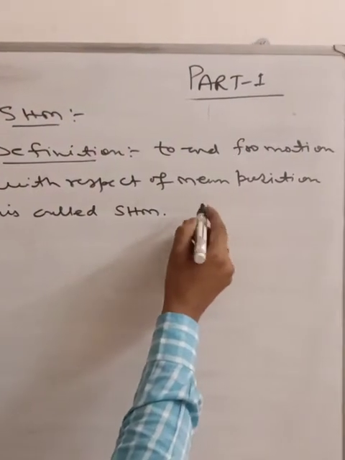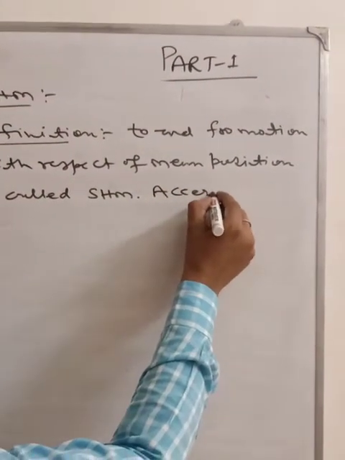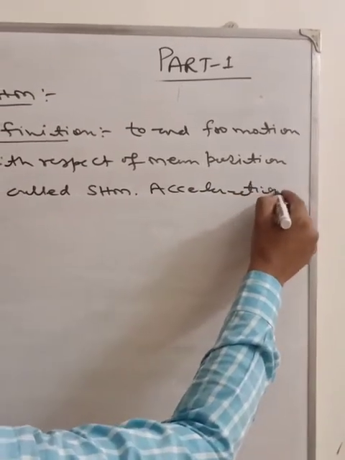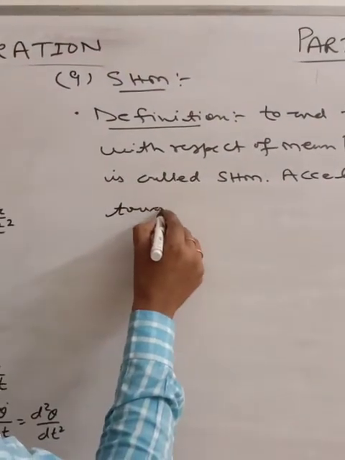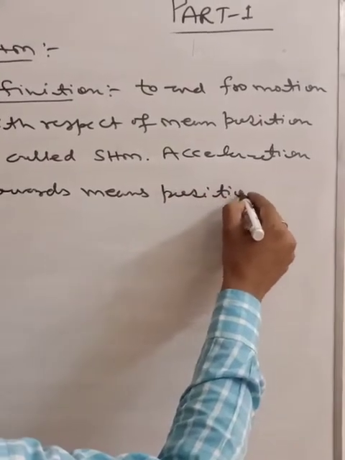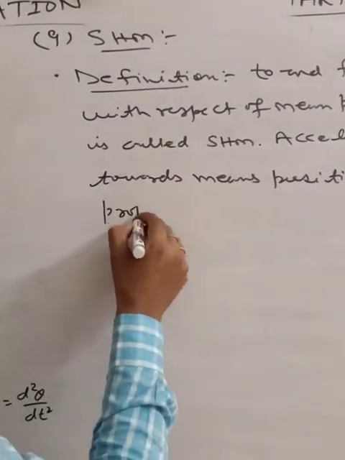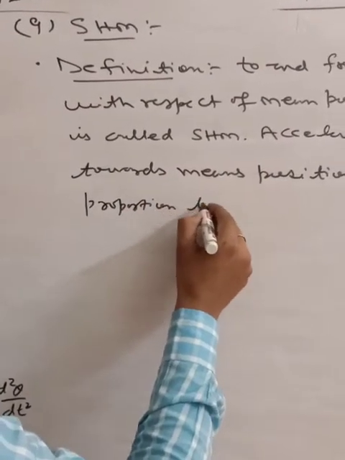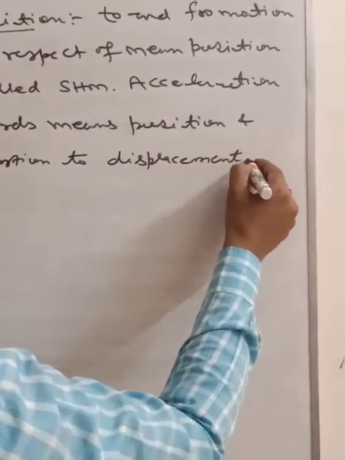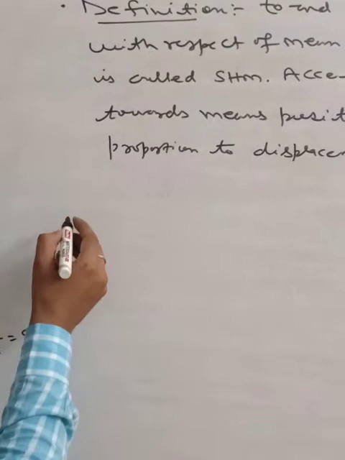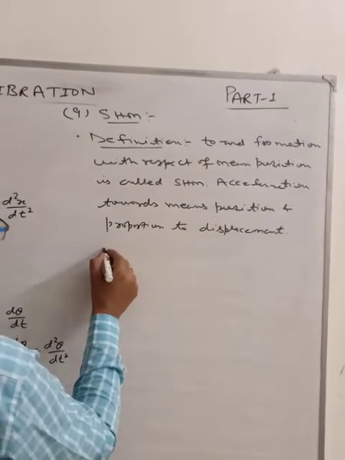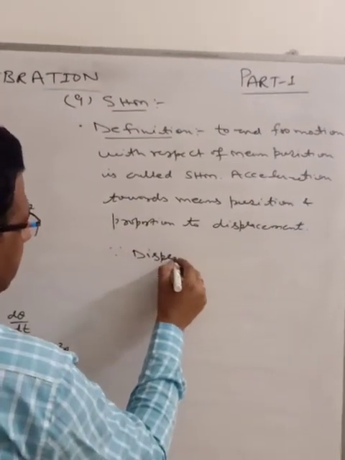In simple harmonic motion, the acceleration is directed towards the mean position and proportional to displacement.